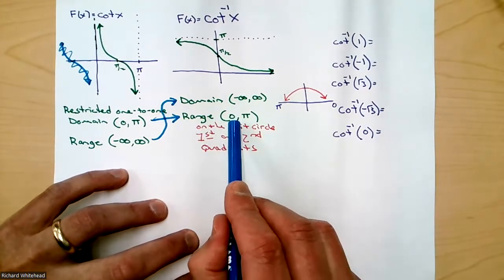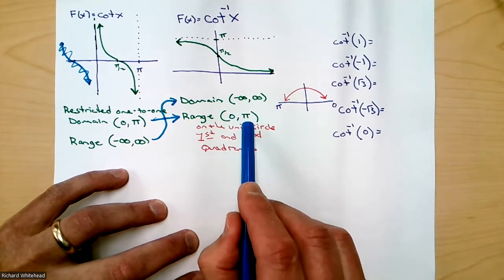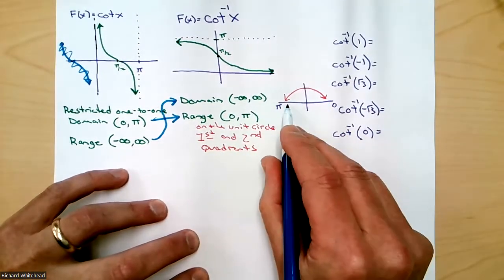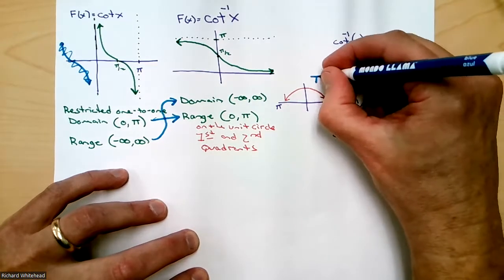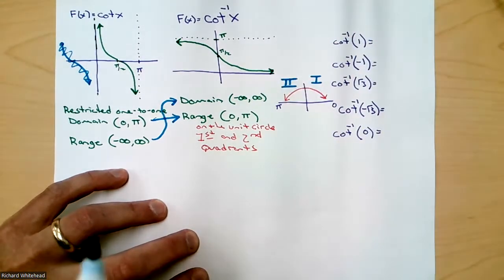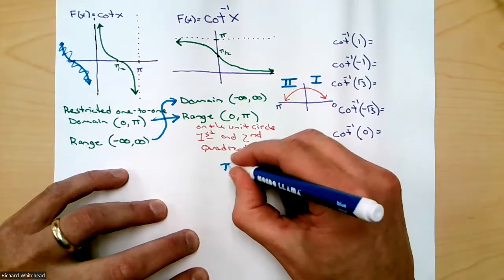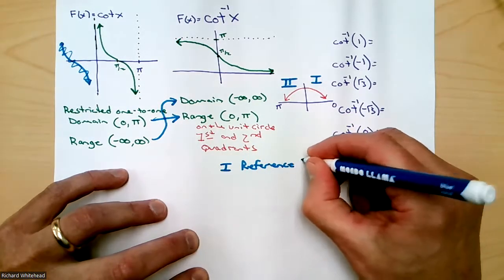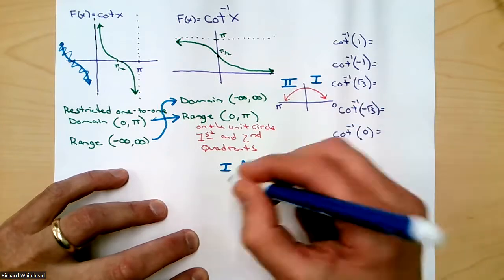So here's our range, our set of answers. That's the critical thing, our set of answers. Well, if you notice, our set of answers are from 0 to pi, which once again is first and second quadrant, just like cosine and secant. So remember, first quadrant is just the reference angles. That's easy. So when it's positive, we just do the reference.